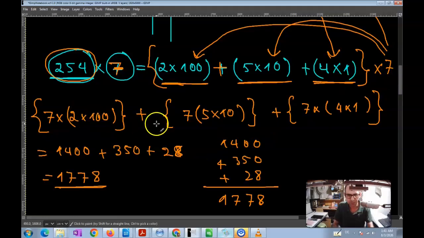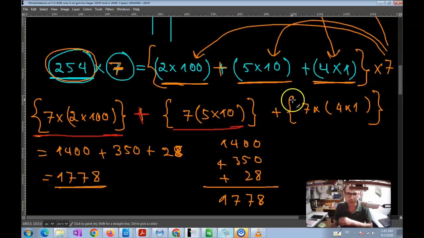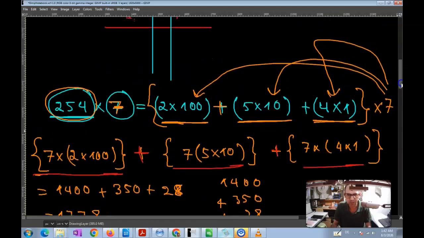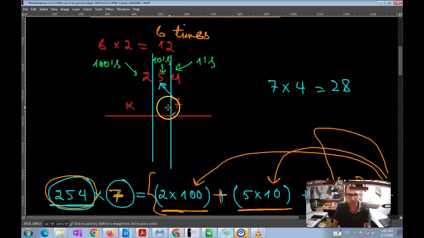Now, you saw that the multiplication of 7 by this whole number was nothing but multiplying 7 by the 200 part, plus multiplying 7 by the 50 part, plus multiplying 7 by the 4 part. And we can do the same thing over here.